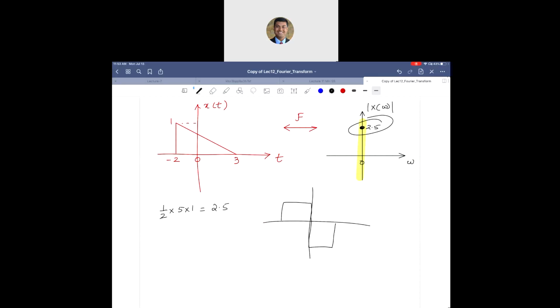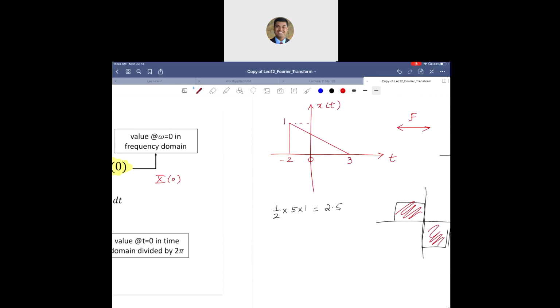So the area might cancel out. It's not necessarily zero. It might cancel out. All right, let's move on here.